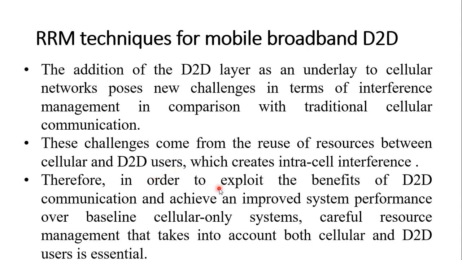And again, in order to exploit the benefit of D2D communication and to achieve an improved system performance over the baseline cellular-only system, which is a 4G system, careful resource management will be taken into account for both cellular and D2D users. Okay.